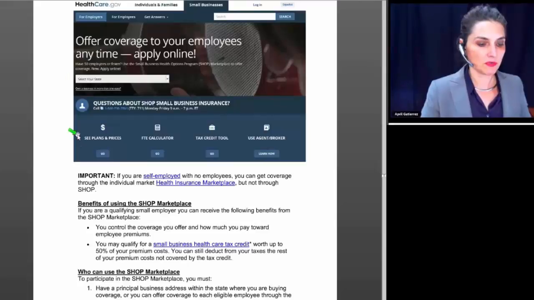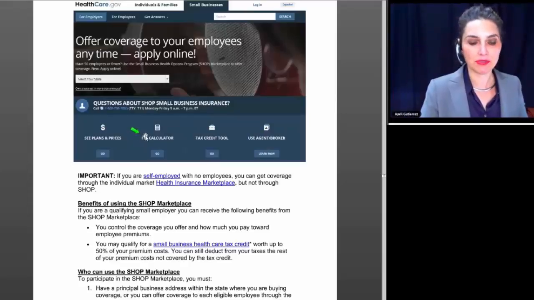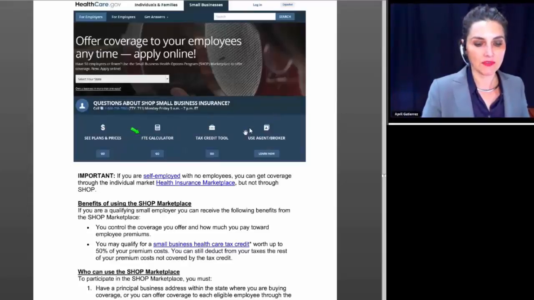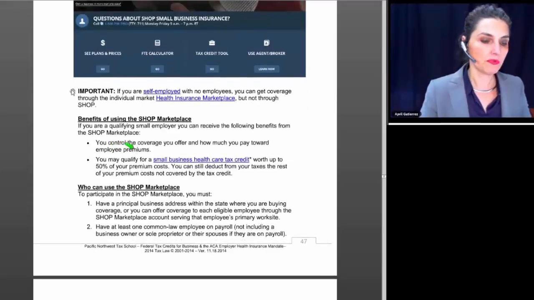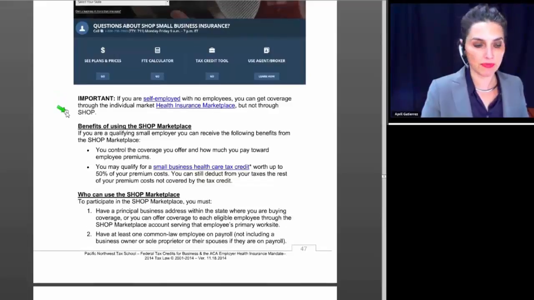But there are also some quick links to see plans and pricing, and to calculate what your credit for providing health insurance might be. Actually, there's the tax credit tool here, and then there is a calculator to determine how many full-time employees you might have. And if you would like to use an insurance agent, there's a link for that as well. There's an important note here, and that is that if you are self-employed and you have no employees, you can get coverage through the individual health insurance marketplace, but not through SHOP.